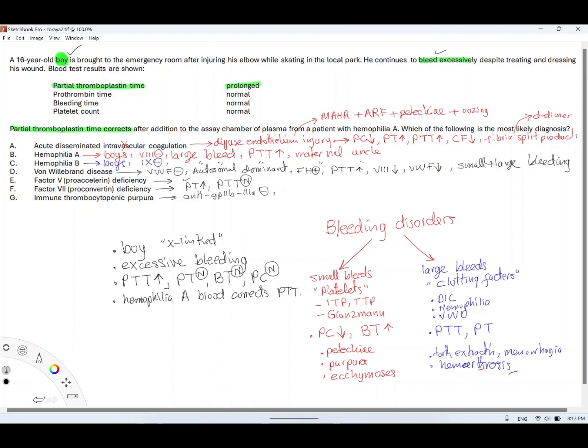So it's an aggregation failure. When they're unable to aggregate, these platelets can be wasted, right? So that means it's not going to form a clot, and the result will be small bleeding. Okay, so look for those things.